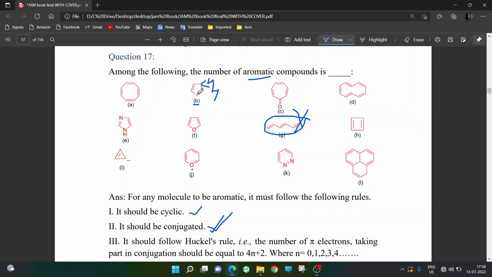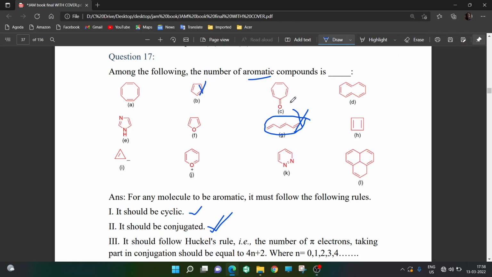But here, this carbon has a pi bond, so this carbon is sp2 hybridized. It forms 3 bonds, and there is a p orbital which has 1 electron, and that p orbital overlaps with the p orbital of the neighboring atom through 1 electron. So we can rule out B.